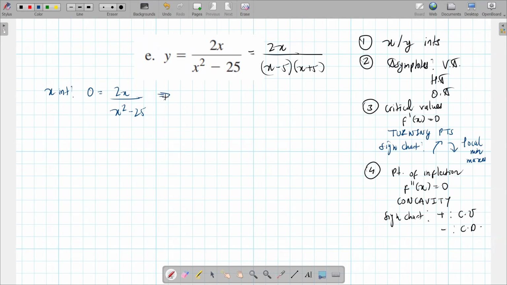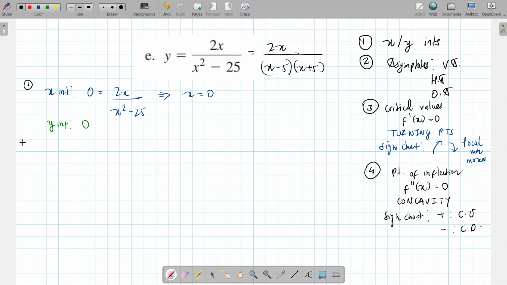Multiply both sides by the denominator, it disappears. And then divide both sides by 2. That gives you x is equal to 0. If your x-intercept is 0, y-intercept is automatically 0. Don't even have to check. Okay? So that's number 1 done.